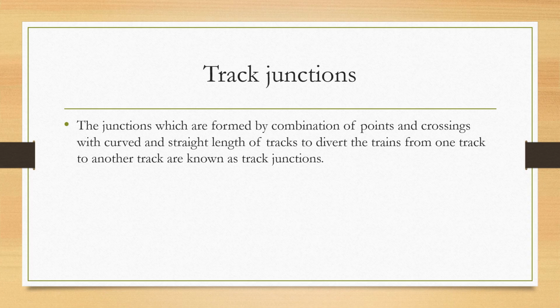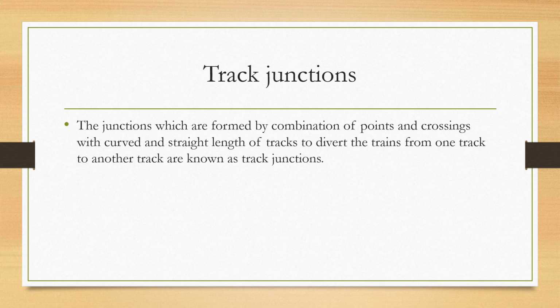Alignment of turnout curve. It should be checked by offsets from the straight track. Flangeway clearance. This should be checked at the toe and heel of switch, between wing rails and the crossings, and at check rails.